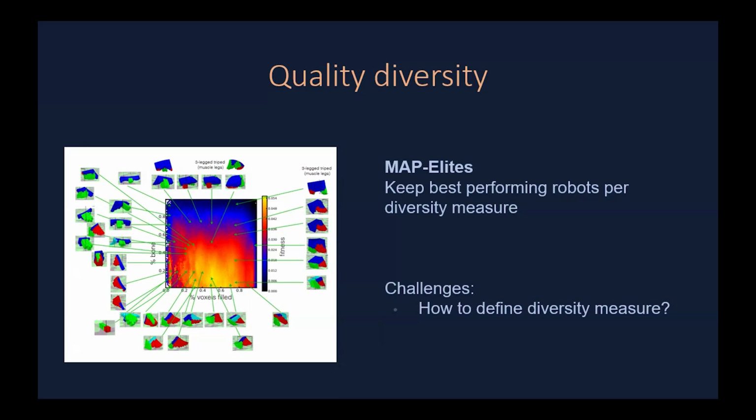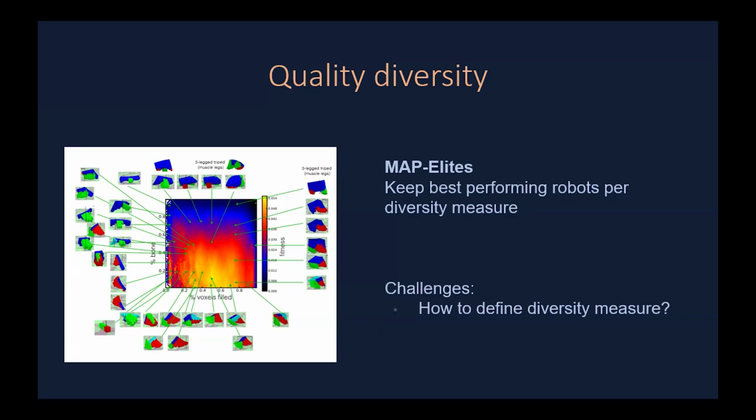Then there was a question of complexity metrics. Yeah, I think definitely complexity of a robot shape, if you manage to define that, could easily be one dimension on a MAP-Elites map, for example. Another question? Non-morphological metrics to consider.